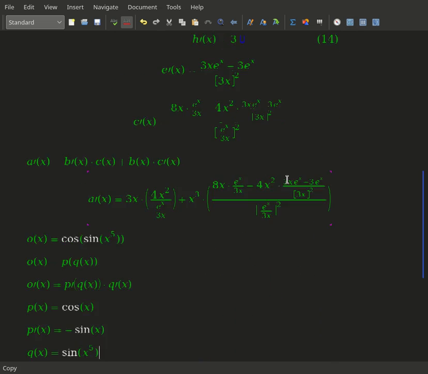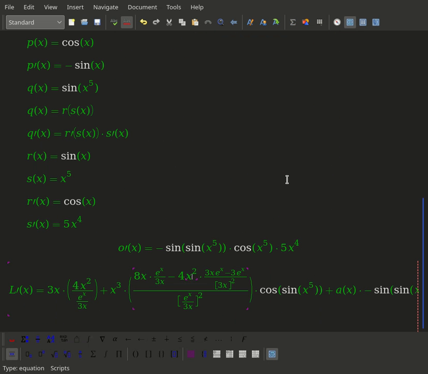There we go. Copy, paste. Happy parentheses. There we go. It doesn't actually fit all in one line anymore, but that is your eventual solution to L prime of x for the original equation.